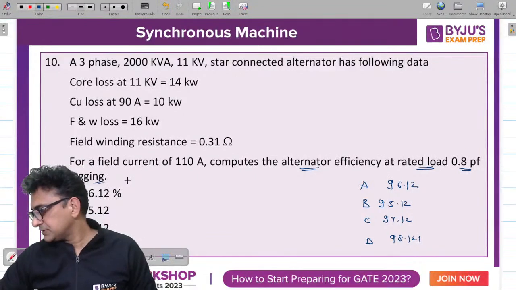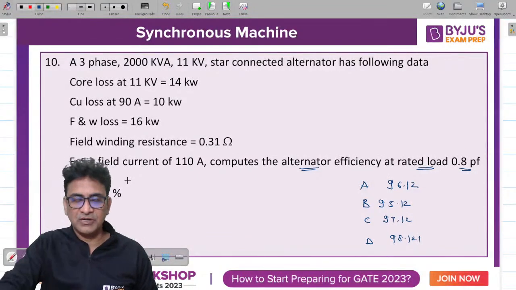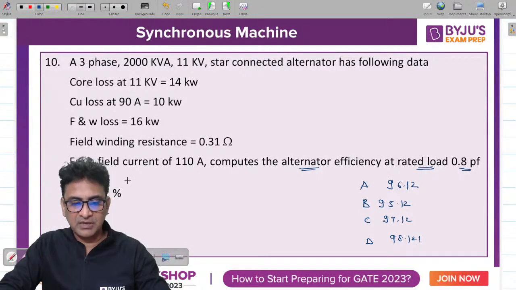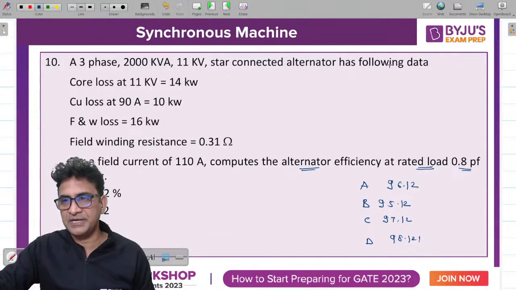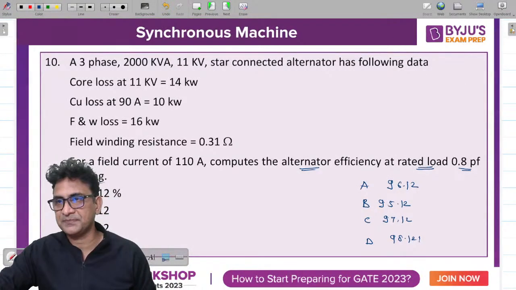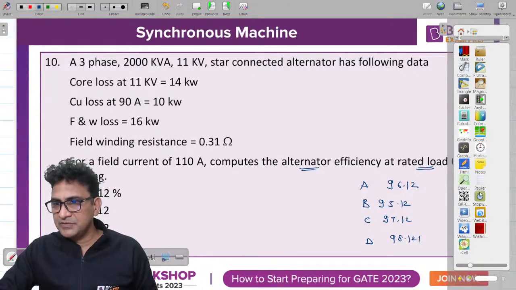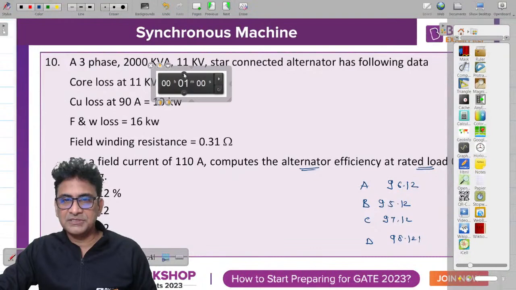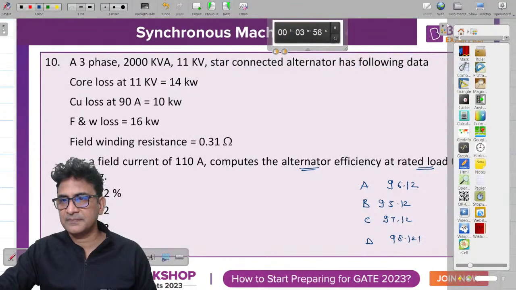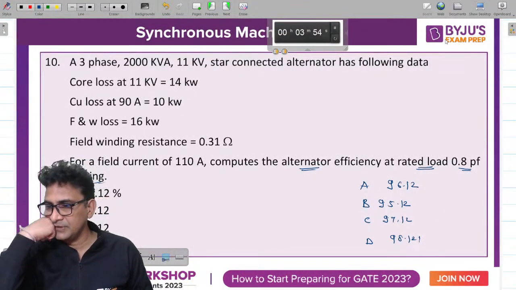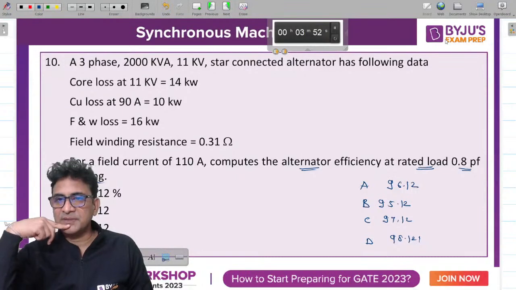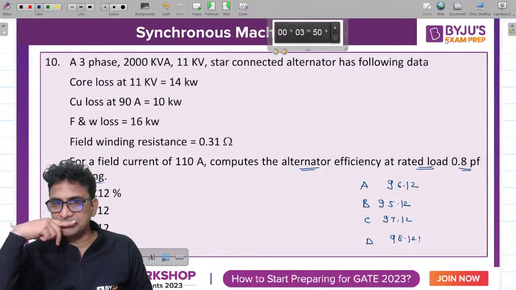This is a question on the efficiency of alternator. You must know the power flow diagram of the alternator to find the efficiency. We are covering each and every concept on which a question may be asked in the examination.